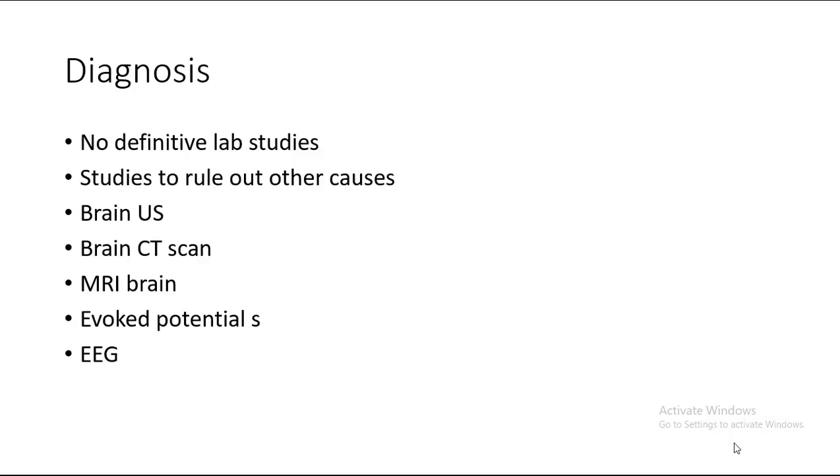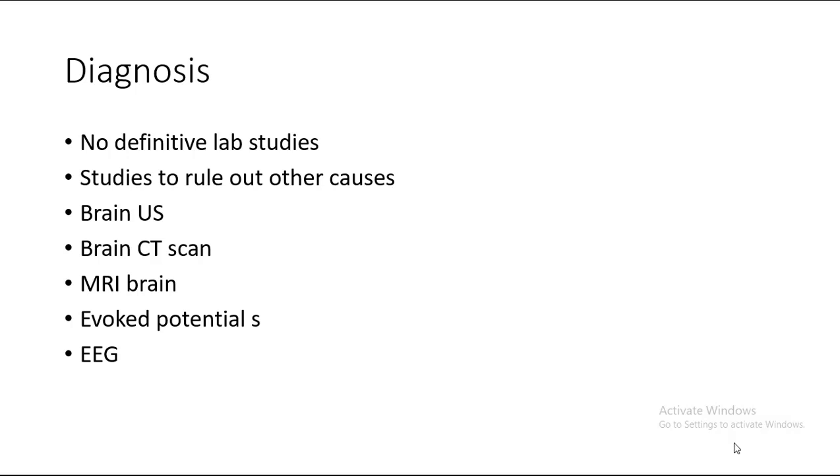How can we diagnose children with cerebral palsy? First of all, there is no definitive lab studies. History, examination, and other studies to rule out the causes. Clinically, the child presents with a different presentation, but mainly developmental delay, problem in motion and posture.